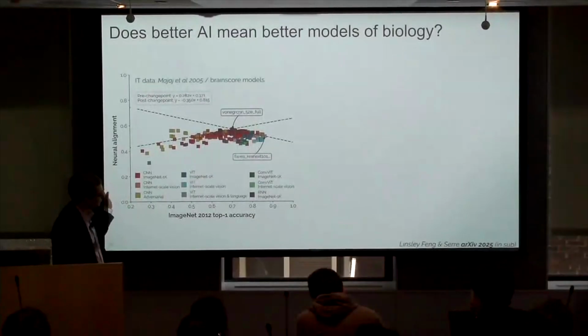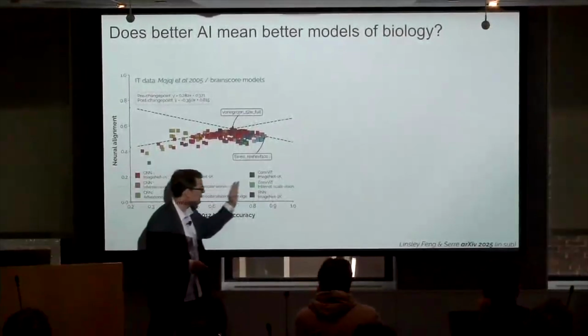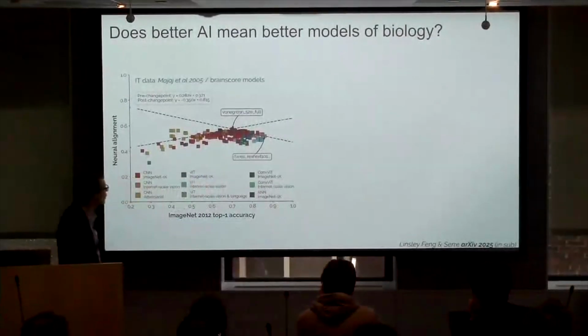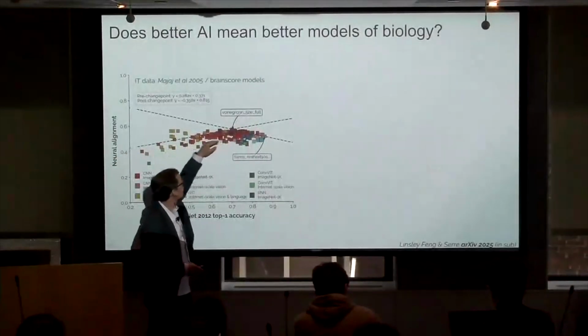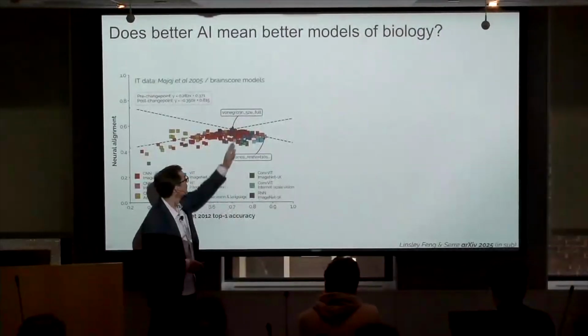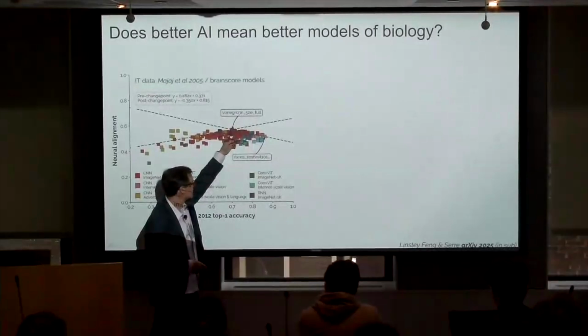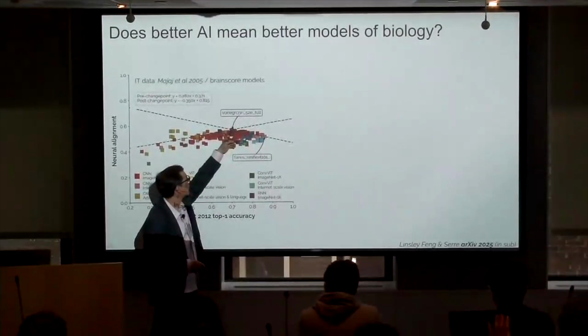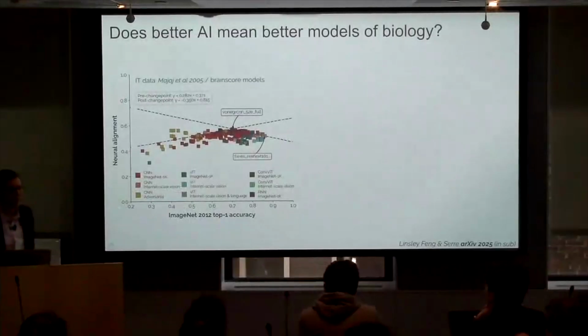If we think chronologically, models have gotten better and better, so older models are on the left in terms of accuracy, newer models on the right. Things were going well for us as models were getting better up until the point where they reached 70% accuracy. We were making progress in getting better models of neural data, but since this point, the trend has been reversing.